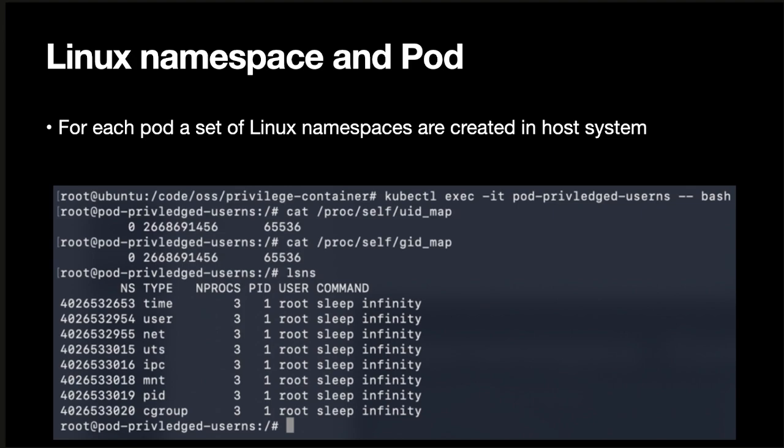At a high level, it creates 5 to 6 Linux namespaces for each of your pods. The time namespace is usually driven at the host level because you want your pod or container to have the same timestamp as your host. But other than that, user, net, UTS, IPC, mount, PID, and cgroup are what you want isolated from your host system.